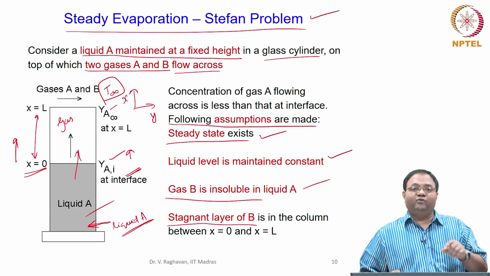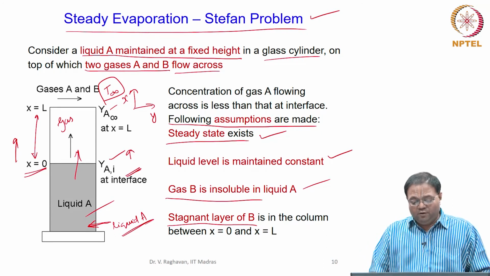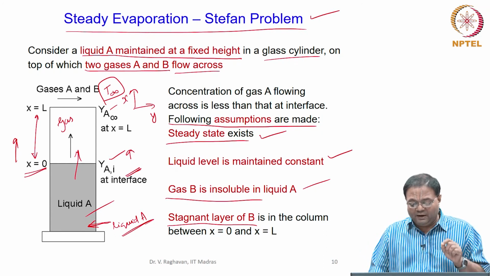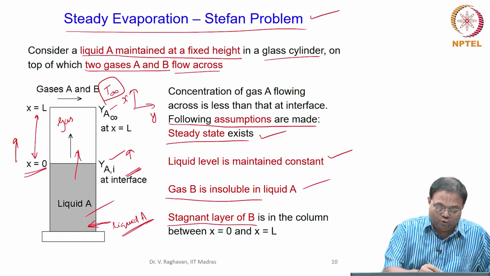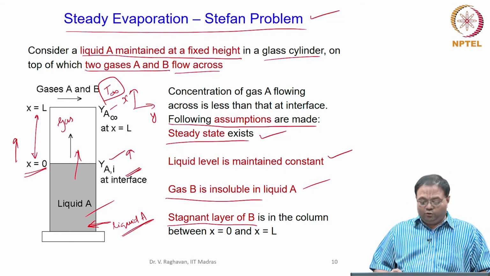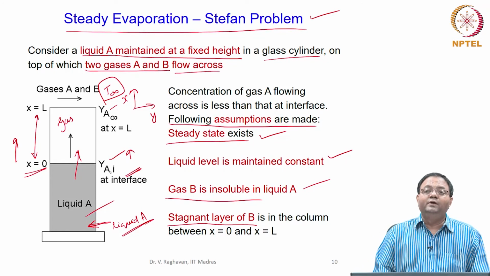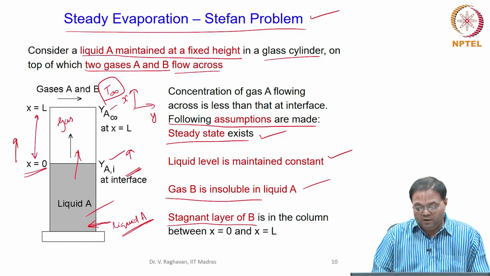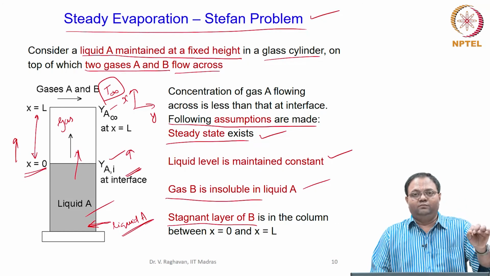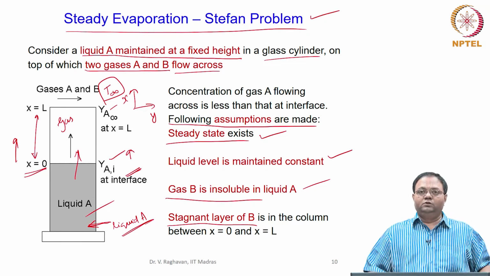So, that is the frame here. When I say stagnant layer of B in the column, from x equal to 0 to x equal to L, that means there is no velocity for B in this column. Okay. So, only by diffusion does B come down in this.